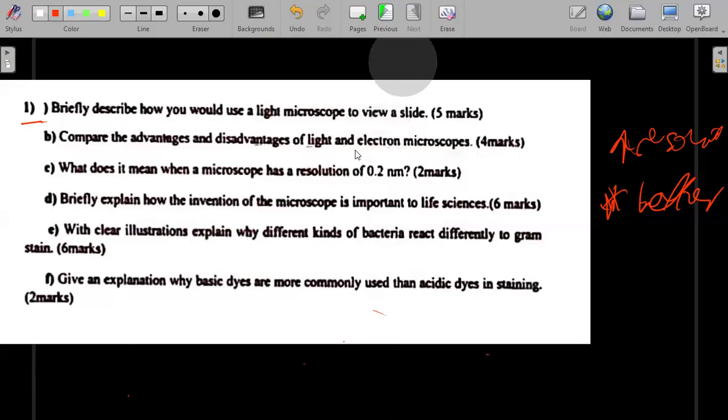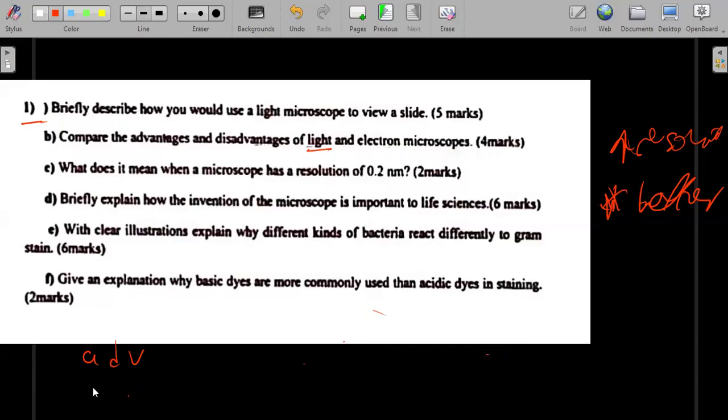People should be able to tell me disadvantages after I mentioned the first point on the advantage of a light microscope. But let's start with the advantages of an electron microscope. What are some of the advantages?